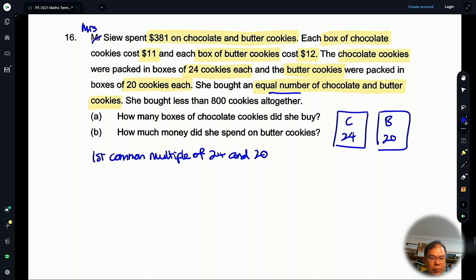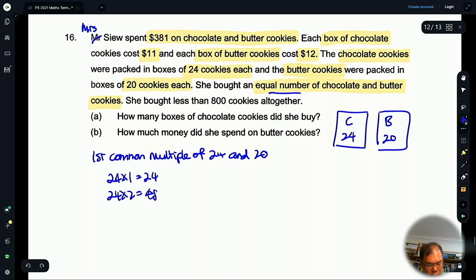What is the first common multiple of 24 and 20? So 24 times 1 is 24, 24 times 2 is 48, 24 times 3 is 72, 24 times 4 is 96.